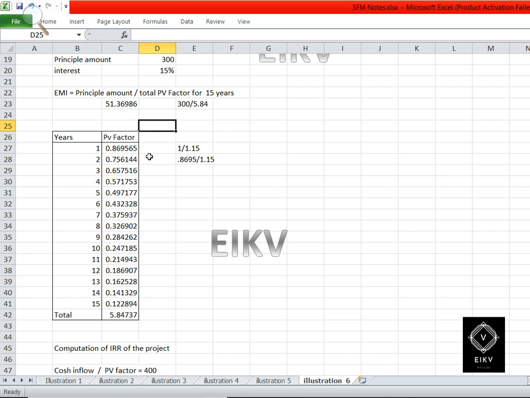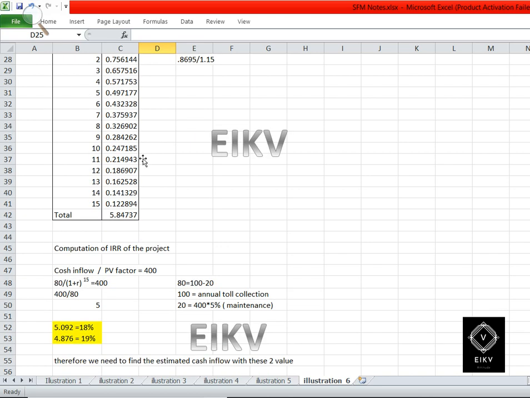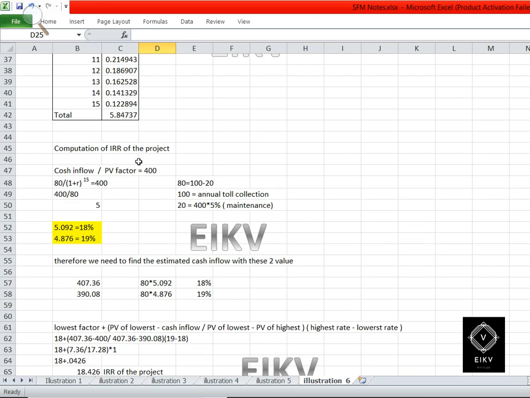For the second year we divide 0.8695 by 1.15 and continue, and the same rule applies for 15 years. After completing the 15 years, we take the sum. The sum will be 5.84 for 15% cost of capital, or 15% interest. So we have computed the equal annual installment.